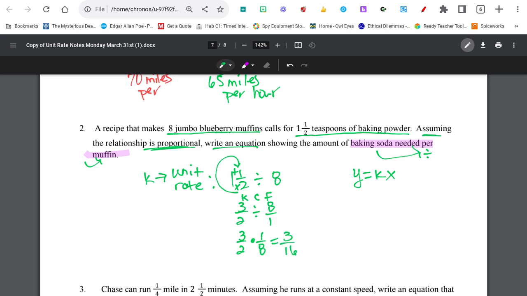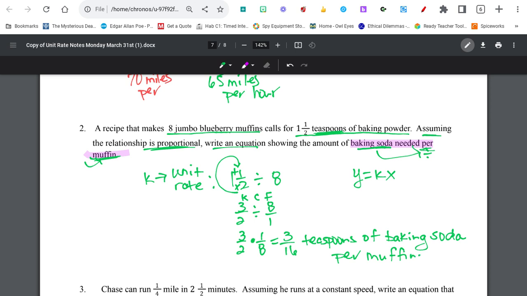And then I just need to keep it as 3/16 baking soda. 3/16, and then it's going to be teaspoons, guys. 3/16 teaspoons of baking soda per muffin.